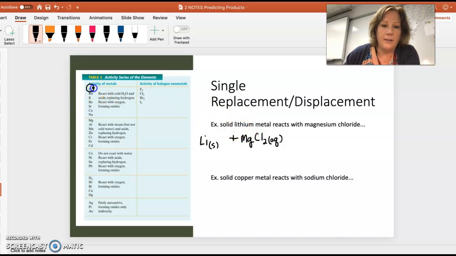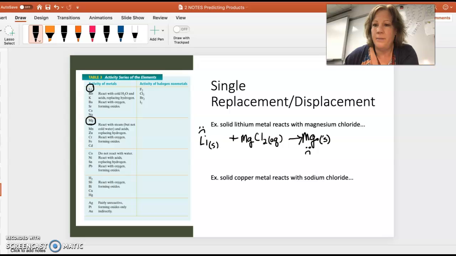Lithium is higher than magnesium, so this reaction will happen. So that's going to make our new lonely guy. Remember, lithium's lonely. Now magnesium is. And when this happens, this will be a solid, because all metals are solid at room temp except for mercury, which is a liquid.